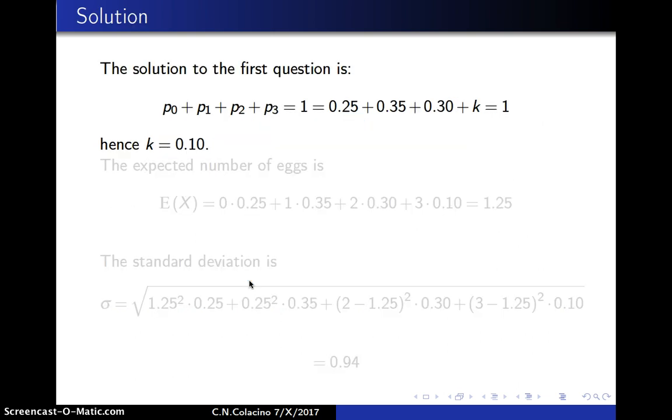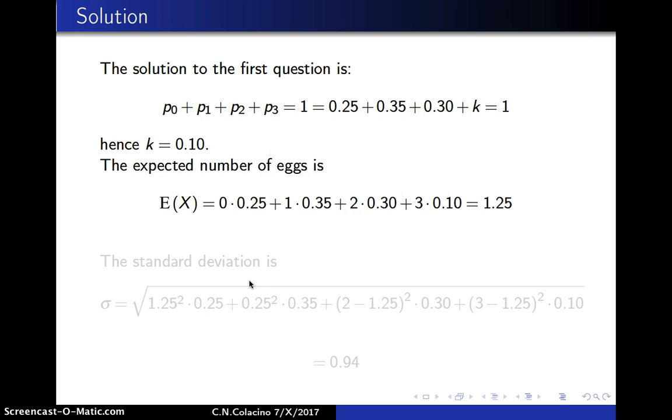So that's the solution. The solution to the first question is obviously simple, because you know that the sum of all probabilities must equal 1. So these are the numbers: 0.25 plus 0.35 plus 0.30 plus k equals 1. Hence k equals 0.10.